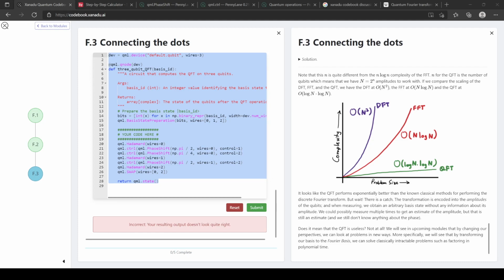Hold on. We'll close. Okay, I will now share the screen. And I do see that there is in fact an error, so something weird is going on here.